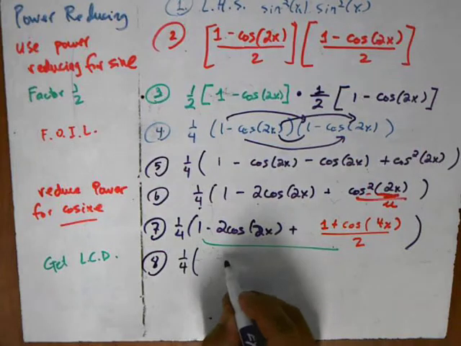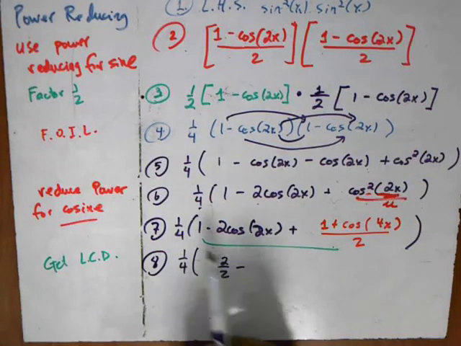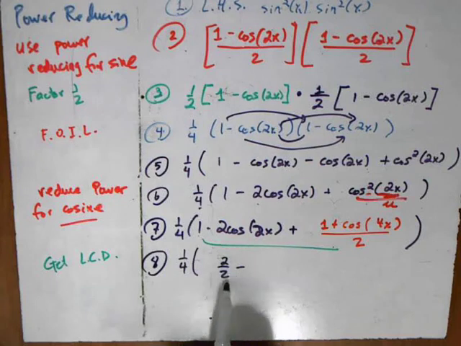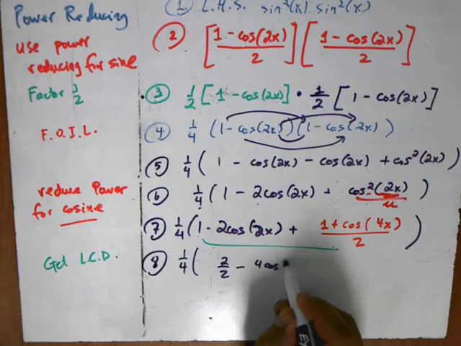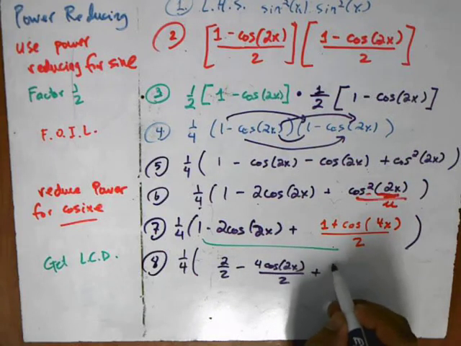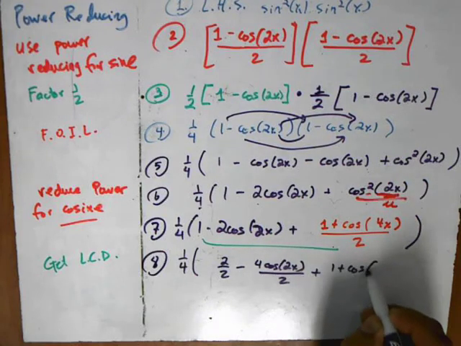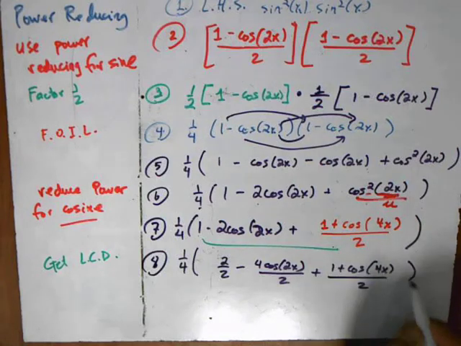So now I'm going to have 2 over 2 minus, so this was a 1, it became 2 over 2. This is a 2, it's going to be 4 cosine 2x over 2 plus 1 plus cosine 4x over 2.